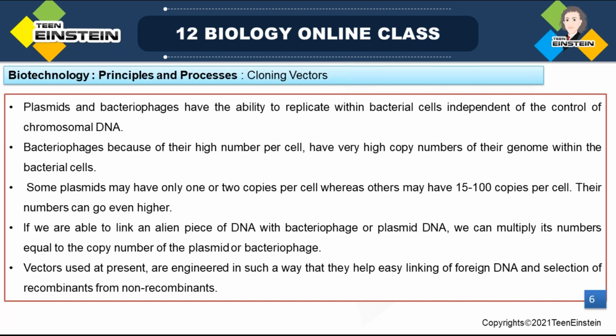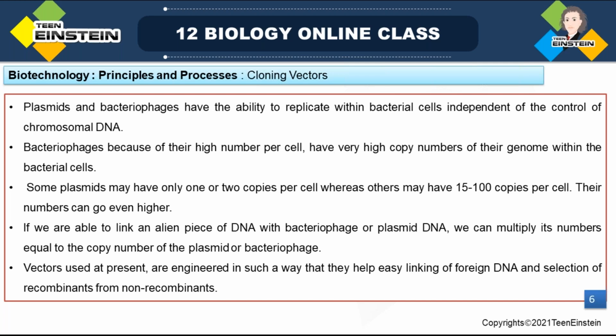First, we need to link the foreign DNA with this vector DNA. That should be easy. Then only will they select the particular vector. And then the selection of recombinants. After multiplication, we'll get so many copies, right? From that, we should be able to select very easily which is the recombinant one and which is non-recombinant, which has that foreign DNA part and which does not.